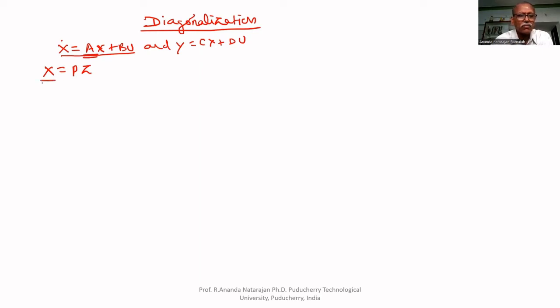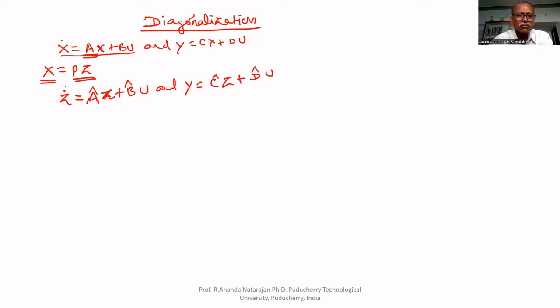Let us transform X into PZ, where Z dot equal to A cap Z plus B cap U and Y equal to C cap Z plus D cap U.